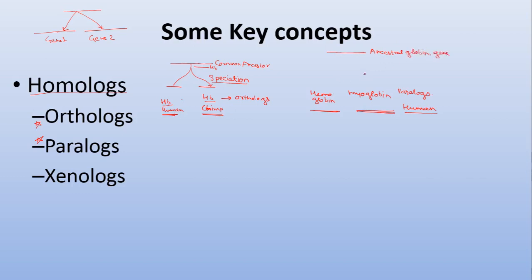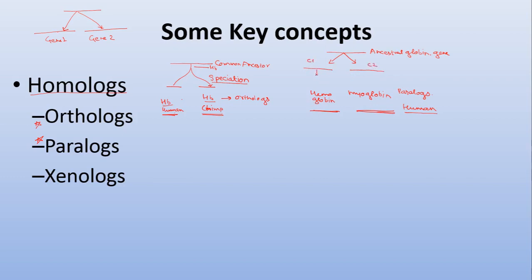This ancestral globin gene might have been duplicated in due course of evolution, and we have two copies of it, copy 1 and copy 2.